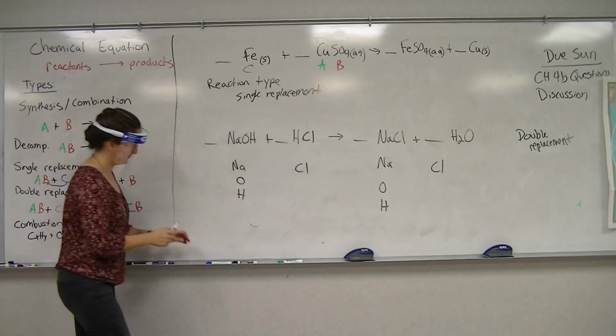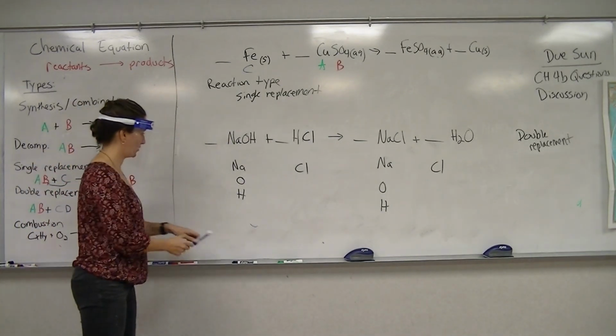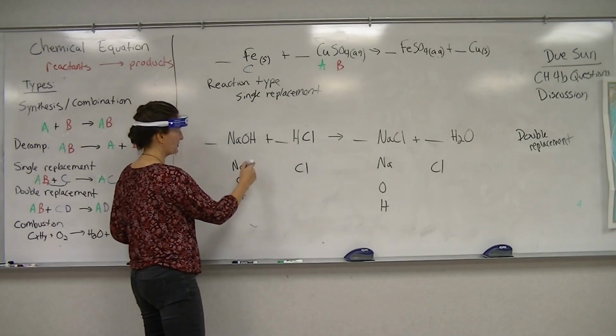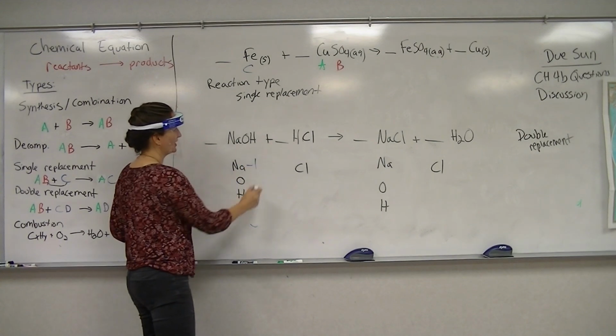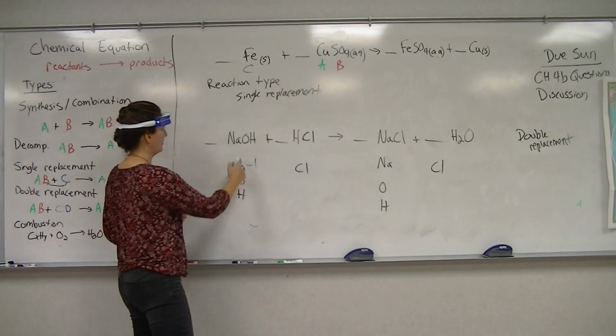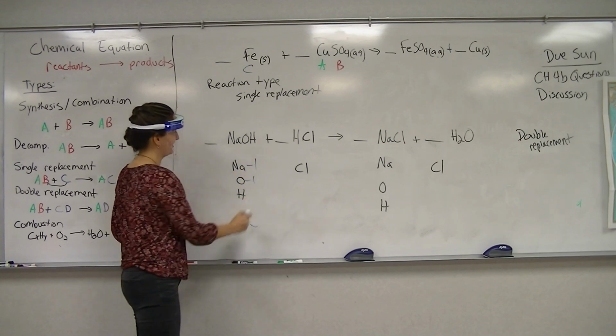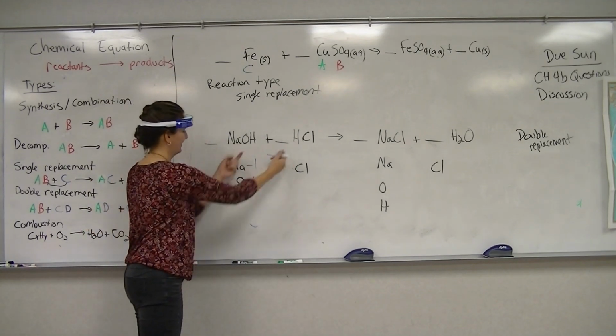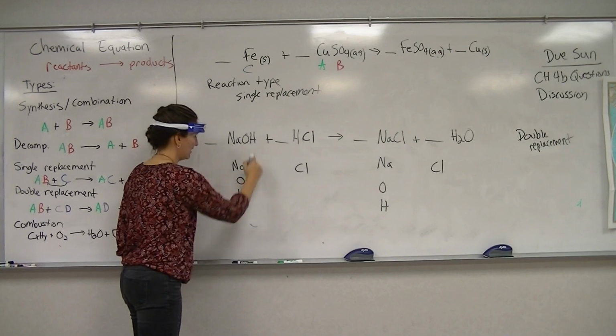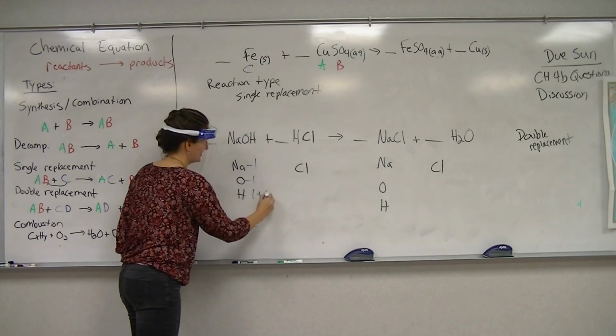All right, let's see what we have to work with starting. How many sodiums? One. Dang it, I think it is already balanced. How many oxygens? One. How many hydrogens total? Two, because we have one here and then the one there.